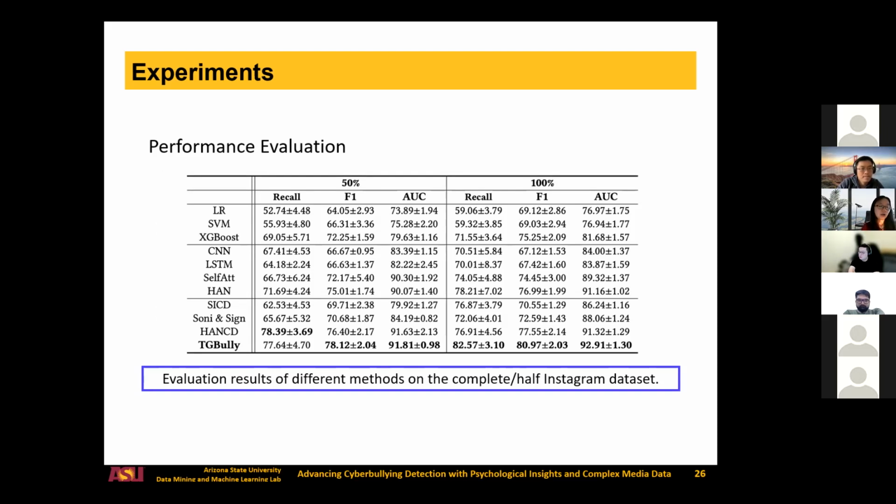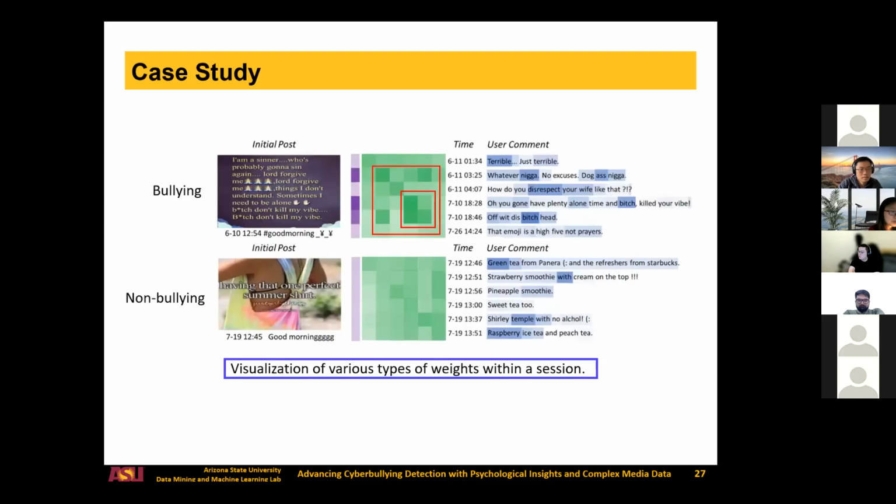We include the standard text classification models, deep learning models, as well as state-of-the-art cyberbullying detection models. We show our model can mostly achieve the best performance, especially when we have larger datasets for training. And then we also show some interesting case studies, right?